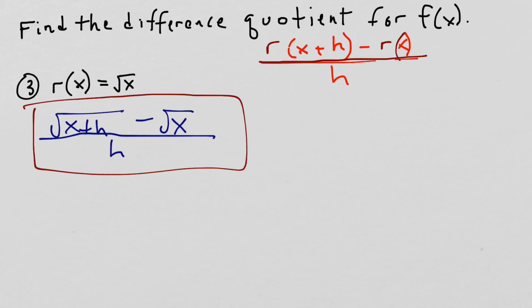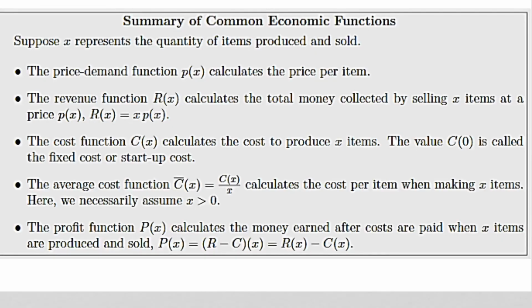All right, so let's move right along here. So let's discuss a classic application of function arithmetic in business. Here our independent variable x represents the quantity of items that's produced and sold. So the number produced is equal to the number sold in our simple problems.